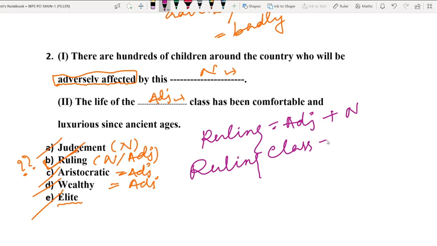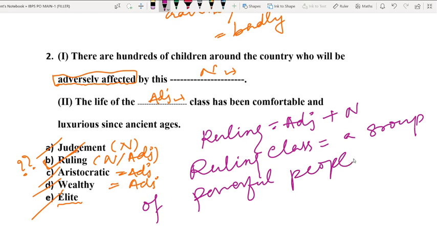Ruling class refers to a group of powerful people. Clear? So now you got ruling. Here ruling has been used as an adjective.